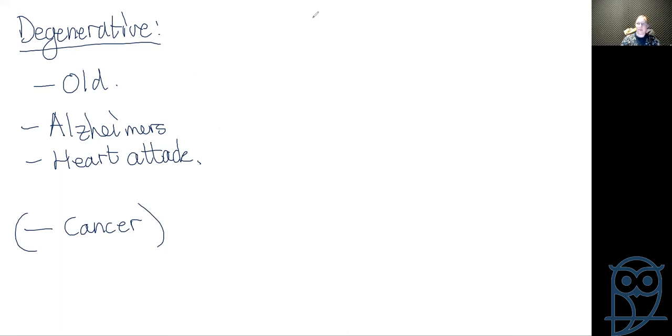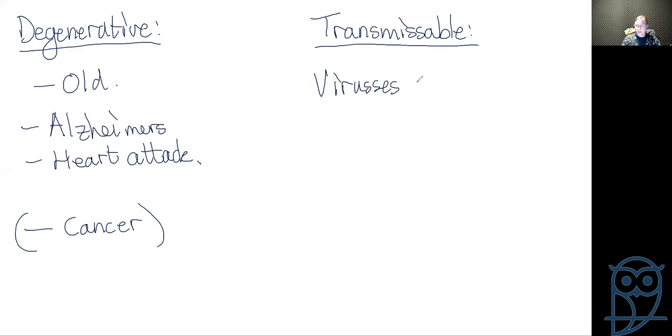So the last kind of diseases is transmissible diseases. This is any kind of disease that you can carry over to someone else, or that can be carried over to you from something or someone else. So this is anything caused by viruses and bacteria.